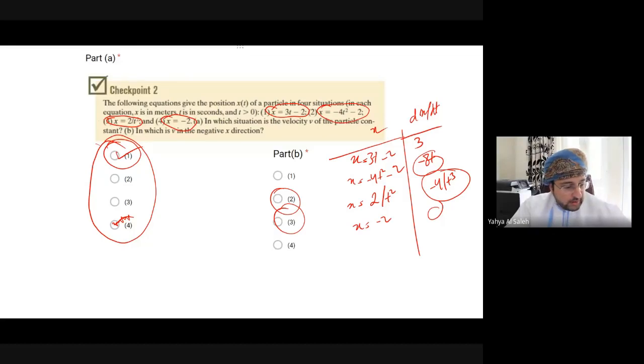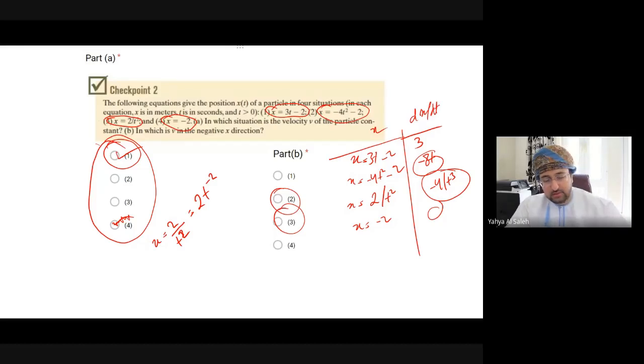Don't forget, I will actually upload something on differentiation on Moodle as a quick revision for those who have forgotten from high school. If I have x equals 2 over t squared, this is the same as writing it 2t to the minus 2.